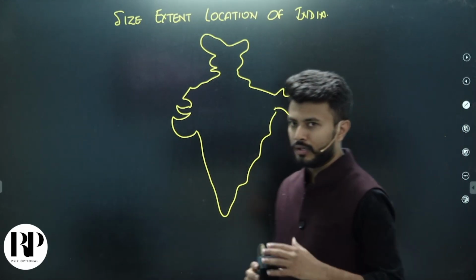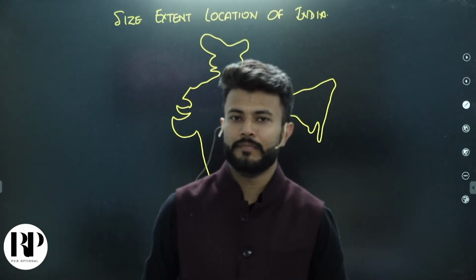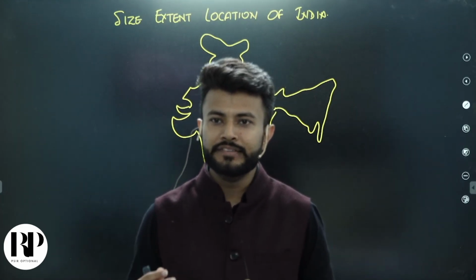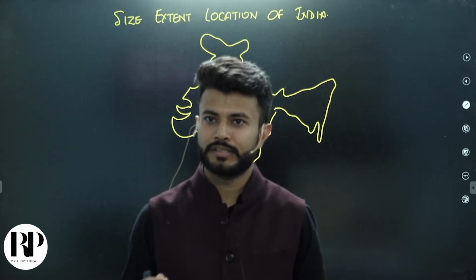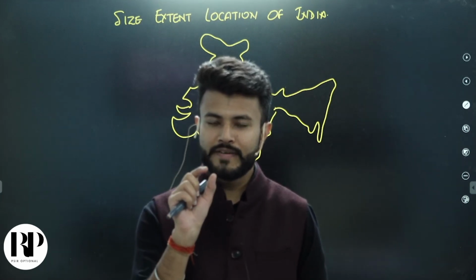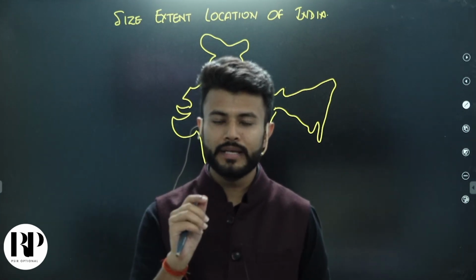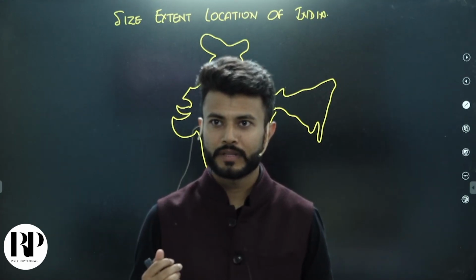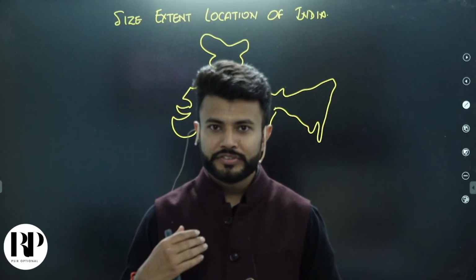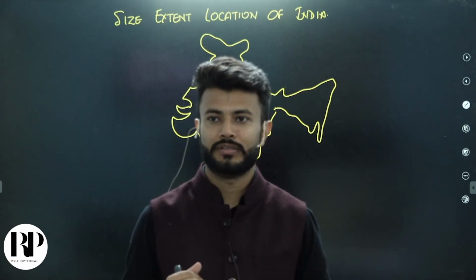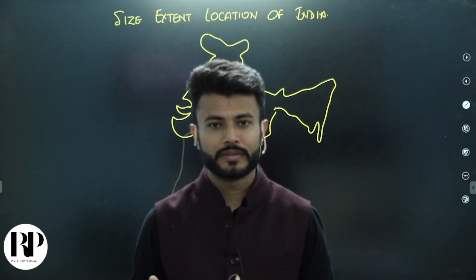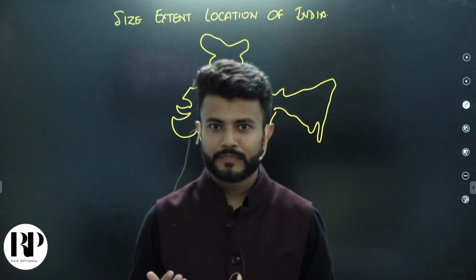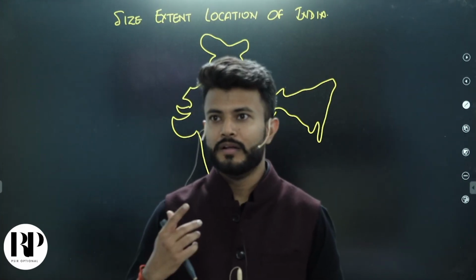So first question from my side: if I am talking about, let's say, 70° east, this is a term. So 70° east will be the latitude or the longitude? Longitude. Suppose 8° south will be latitude or longitude?